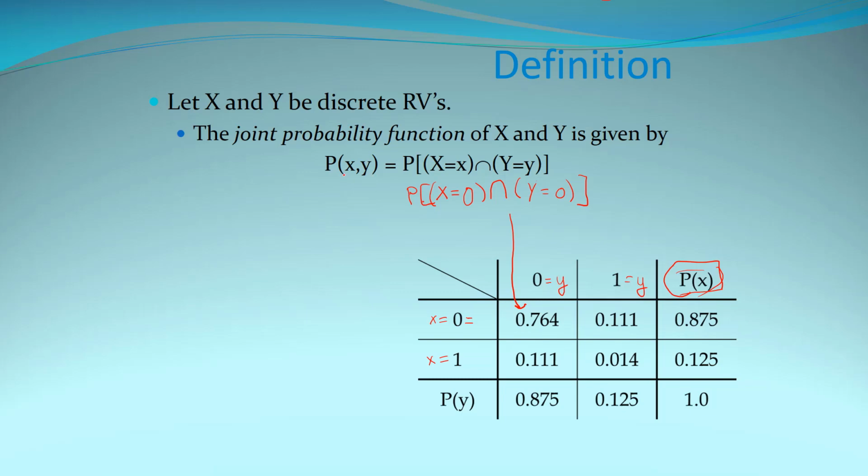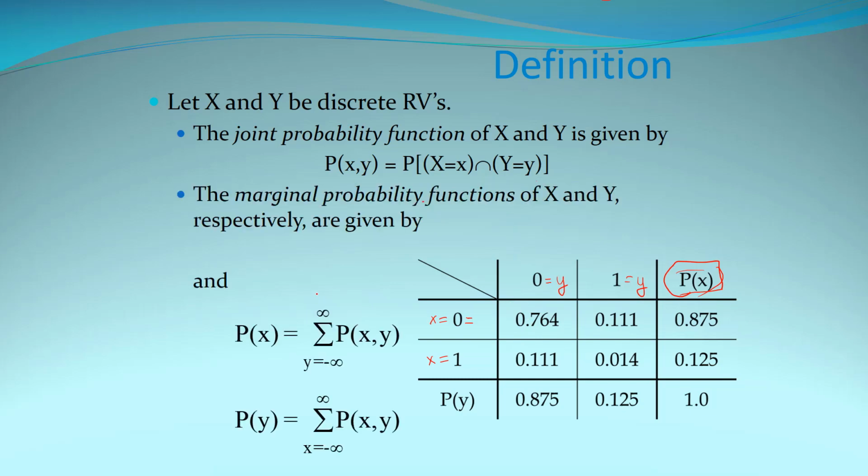intersecting with y is equal to 0 is just this right here, right? And so this is the notation for writing this probability distribution function that we are actually seeing within the table. What we had already mentioned before was that the probability of x is basically a summation across all the y variables. See, that's y. So sum up all the y's, and that's what we're doing. We're summing across all the y's, and we're getting x.